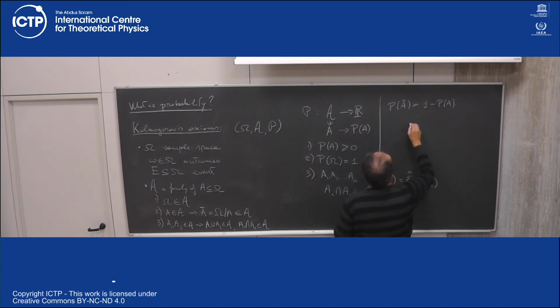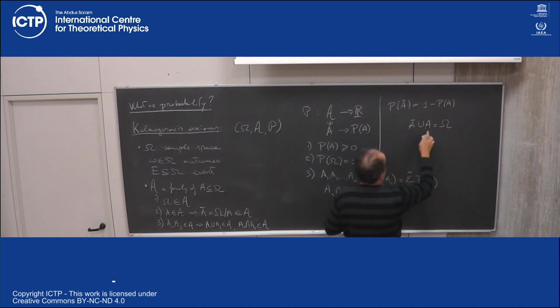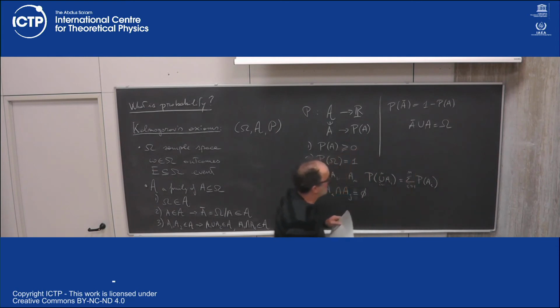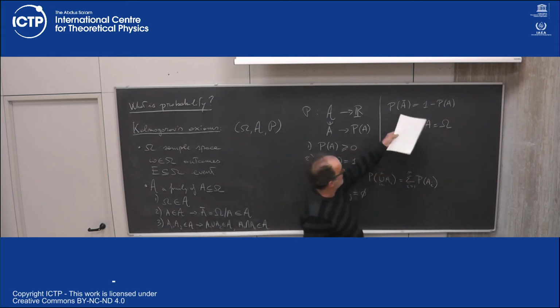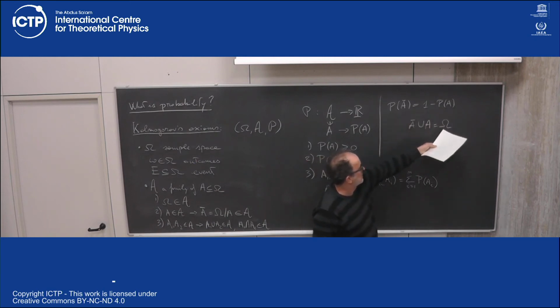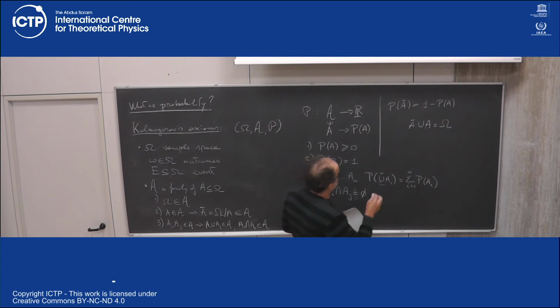And why is this so? Because the union between the complementary of the event and event A is equal to omega. These two events are disjoint events, like this one. So the sum of this and this should give you the probability of this, which is 1 by normalization.